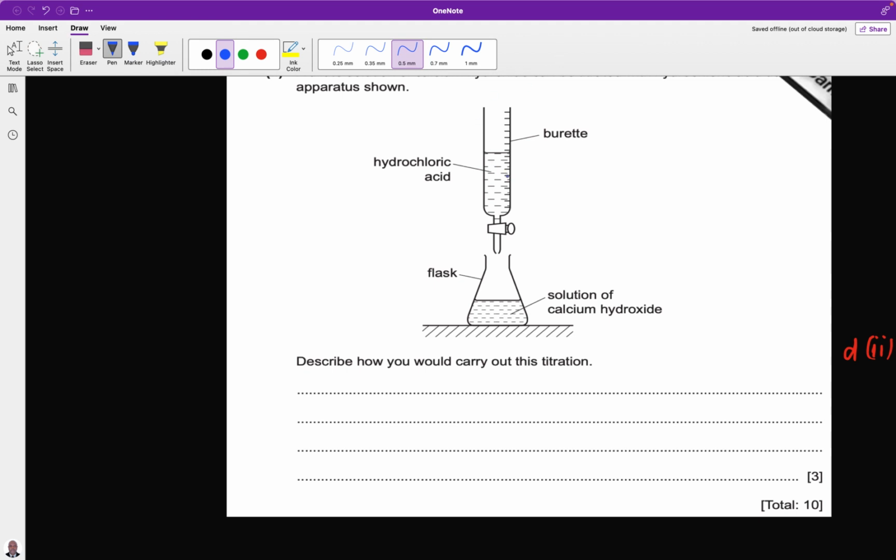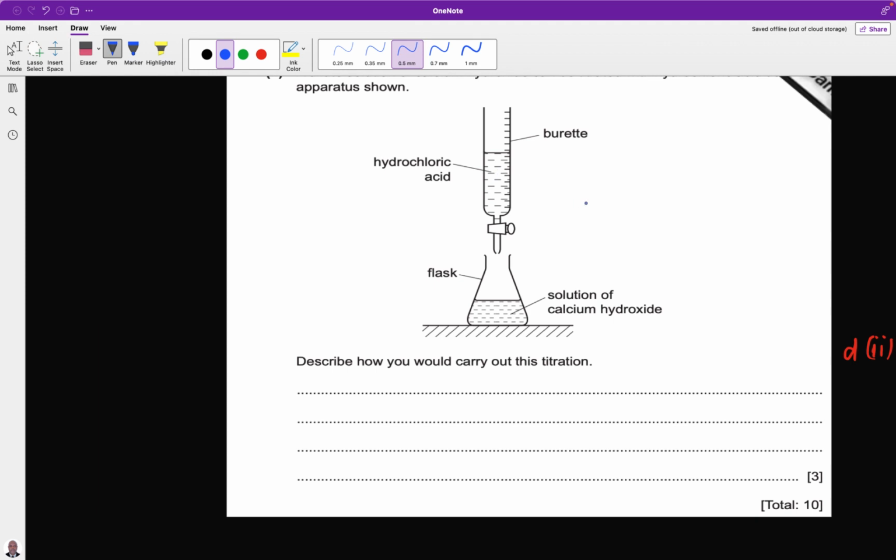Then you will titrate slowly by adding acid from the burette into the conical flask until the indicator changes color. Then finally, you will record the final volume of the acid that has been used.